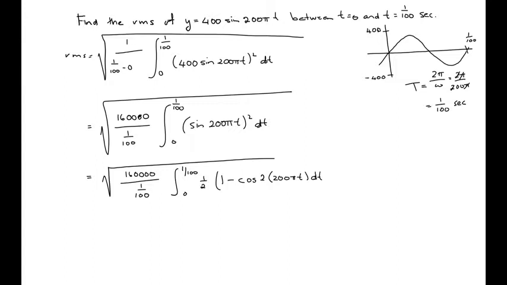Okay, so we can take the half out as well and deal with the over 100th. And so we've now got 8 and 1, 2, 3, 4, 5, 6 zeros.